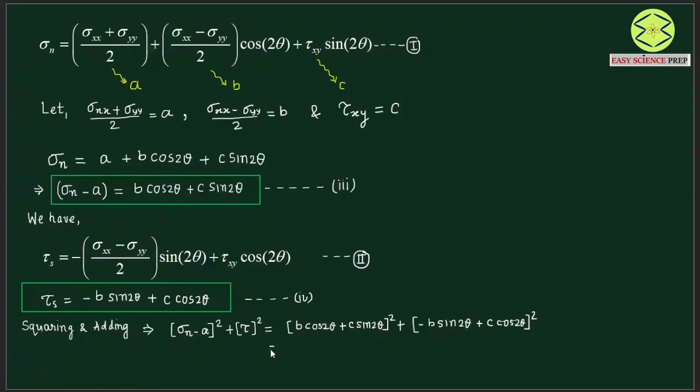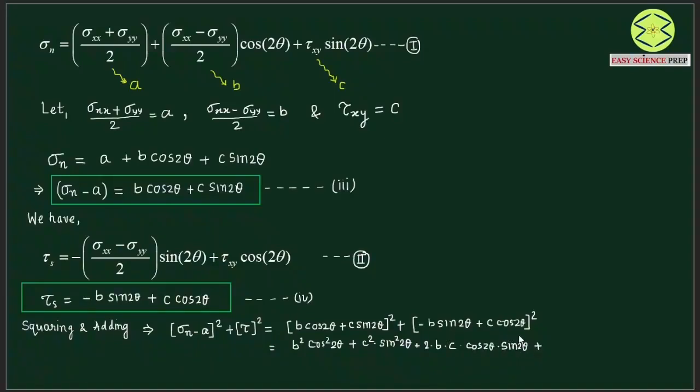So you have to simply do the algebra and expand this. It is going to become B square cos square 2 theta plus C square sin square 2 theta plus 2 into B into C cos 2 theta sin 2 theta. That is the first part.